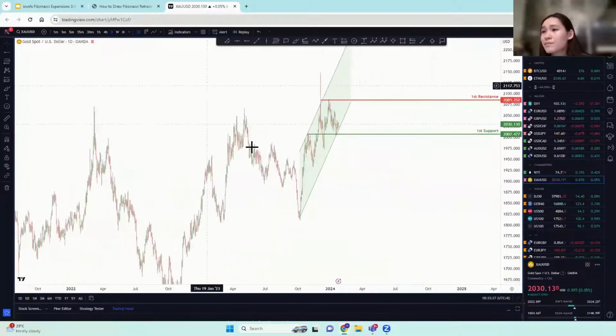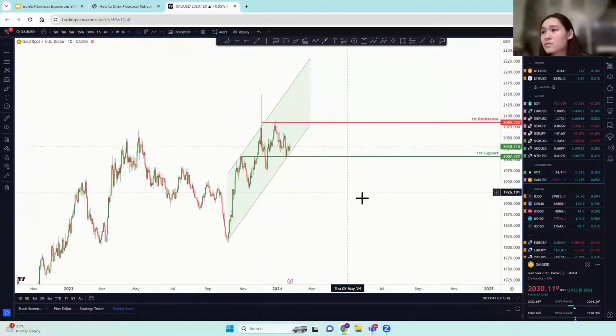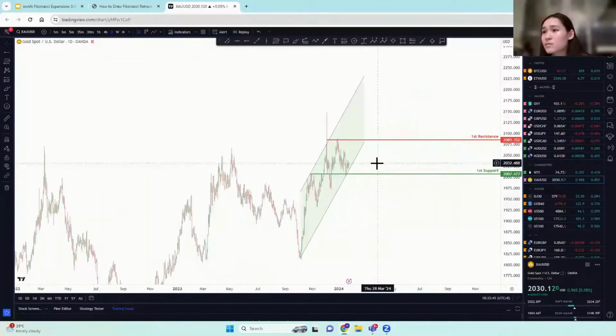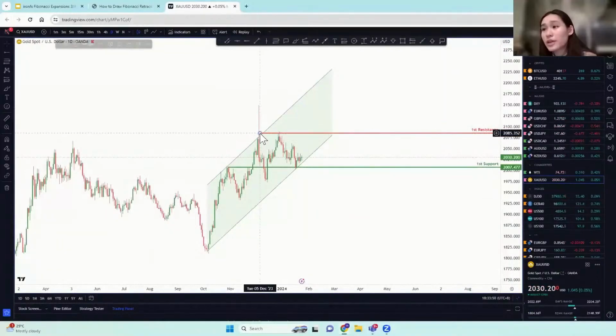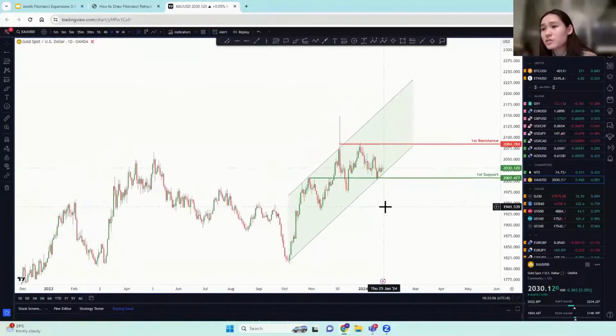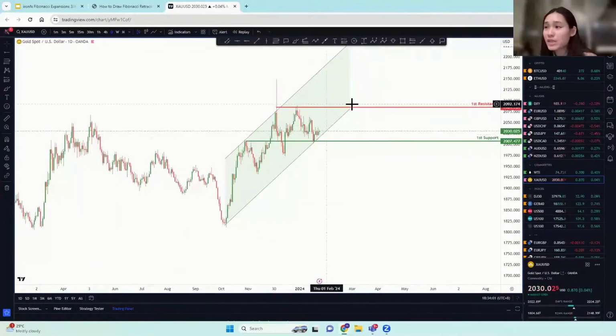Typically we will follow trend, and we can see that price is bouncing off of the trend channel. So following that trend, we are expecting it to hit towards our first resistance.